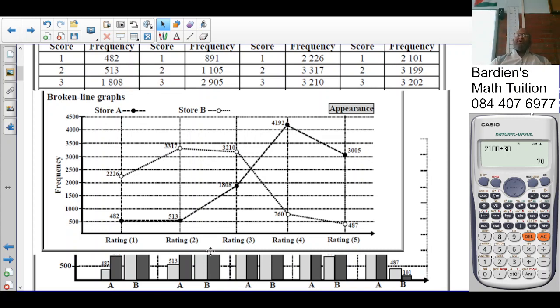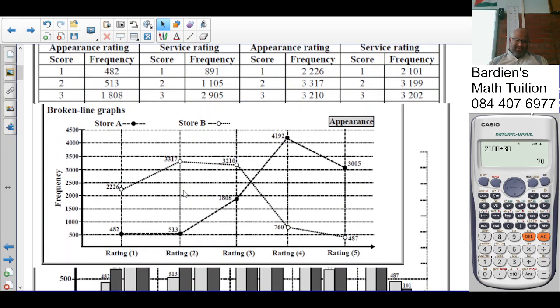We will then use a solid line graph. Does it make sense? So when do we use a broken line graph? When it is discrete data. When do we use the other one? When it is continuous data. Make sense? Yes. Okay. So that's what it looks like here.